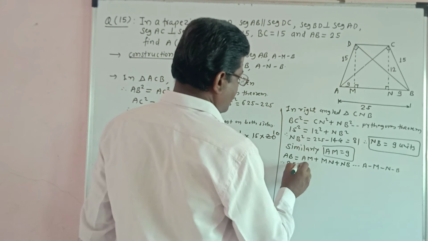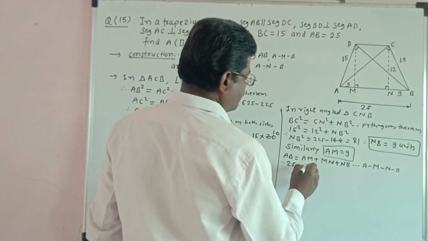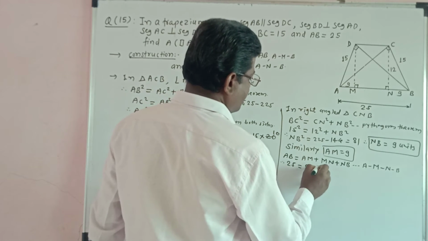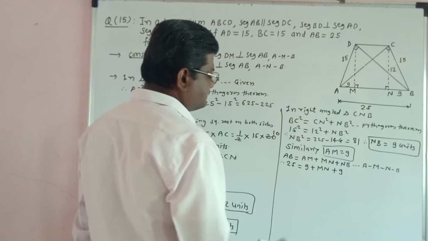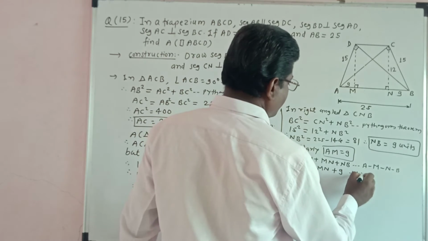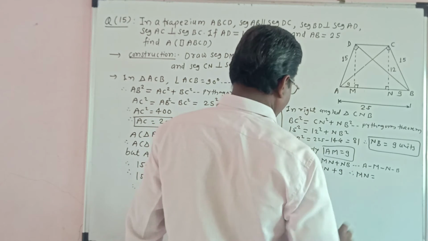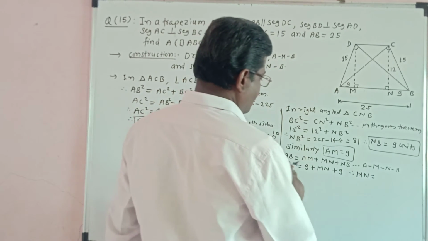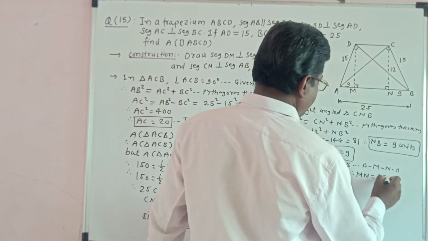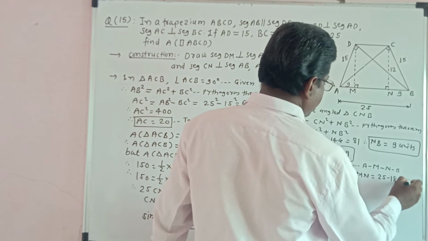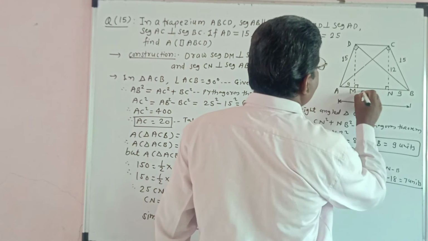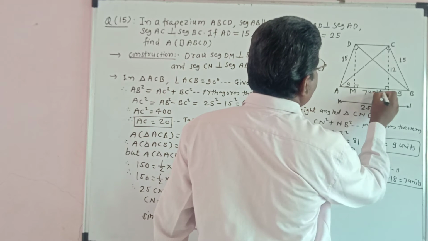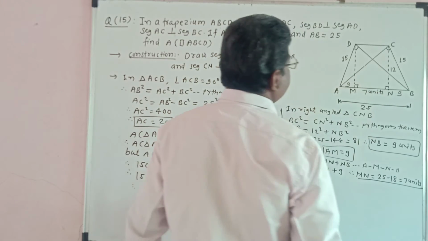AB is 25, which is equal to AM, 9, plus MN plus NB, which is also 9. Therefore, MN is equal to 25 minus 18, which is equal to 7 units.